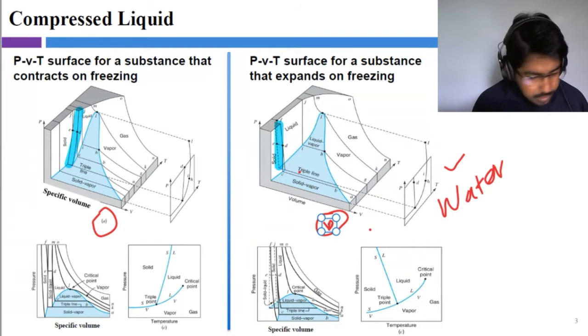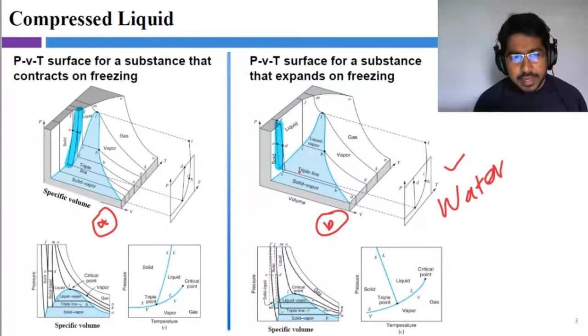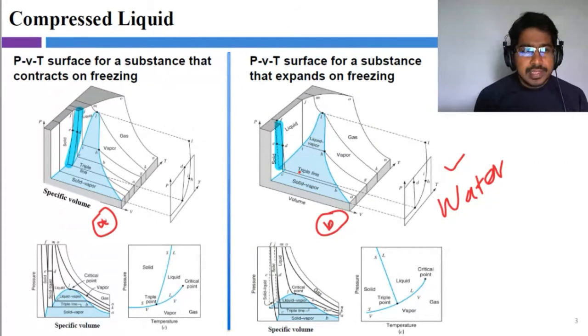Let's call this B, and this is A. So B is for a substance that expands when freezing, and A is for a substance that contracts on freezing, right? As I was explaining, the ice floats on water because it reduces density, or it expands during freezing.